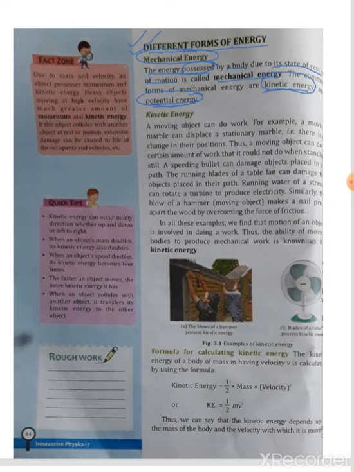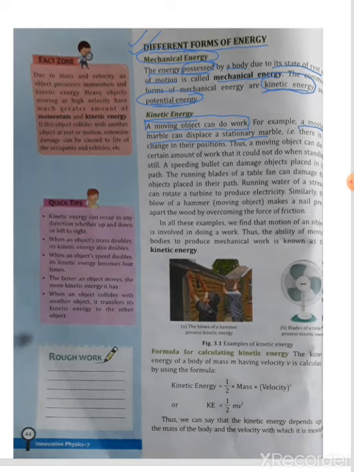Now kinetic energy, let's begin. A moving object can do work. See, a moving object can do work. Whenever you see an object which is moving, it can do some work. For example, a moving marble can displace a stationary marble, that is, there is a change in its position.